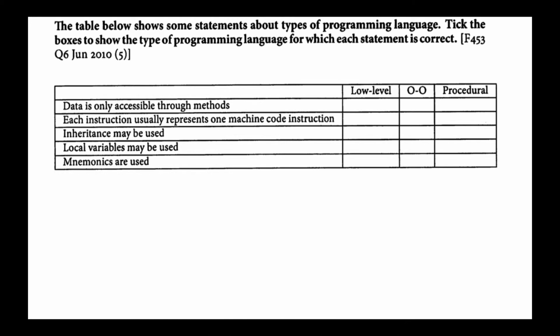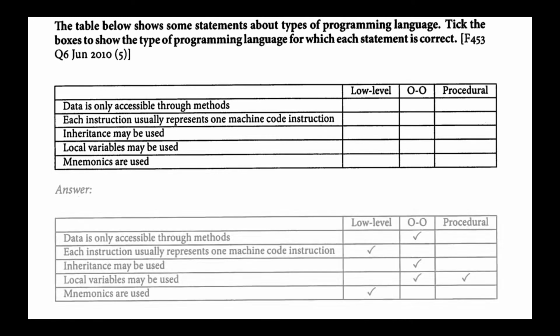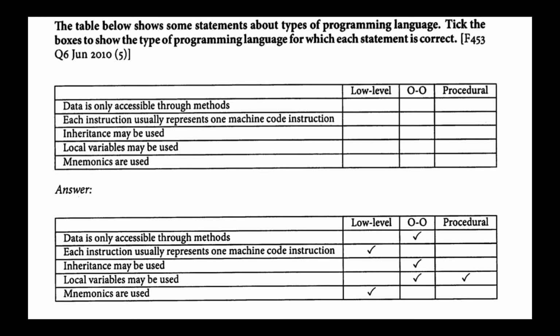Pause the video now if you want to have a go at this. The table below shows statements about types of programming languages. Tick the boxes to show the type of programming language for which the statement is correct. I'm just going to do this all at once. Data is only accessible through methods, and that is object oriented.